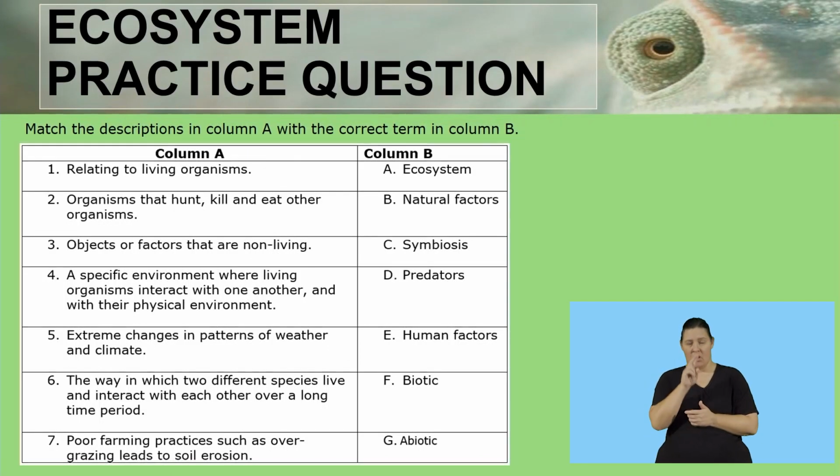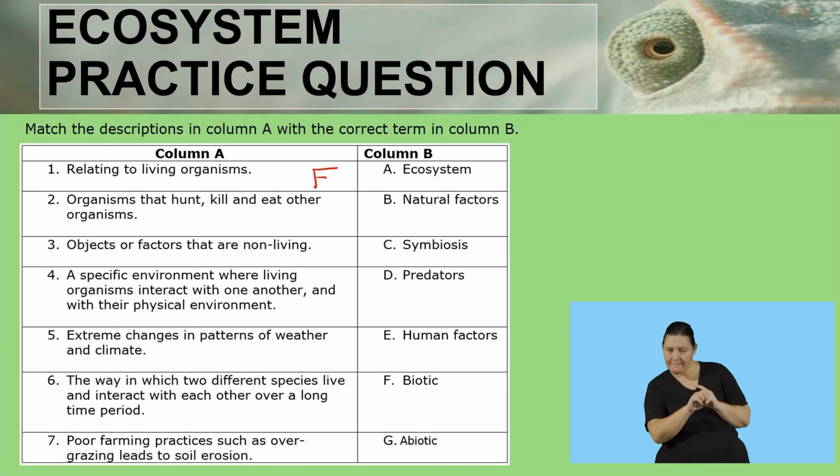Right, so the first description said relating to living organisms. If you were looking at column B, you would know that for number 1, we have F, which is biotic factors. For number 2, it's organisms that hunt, kill, and eat other organisms.